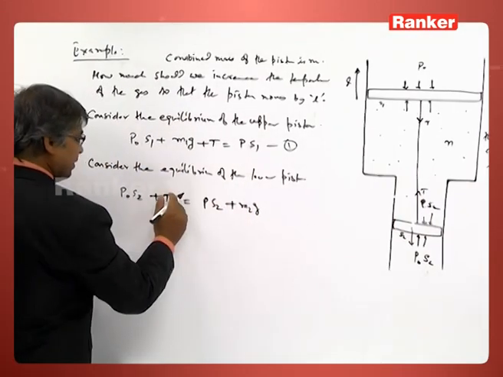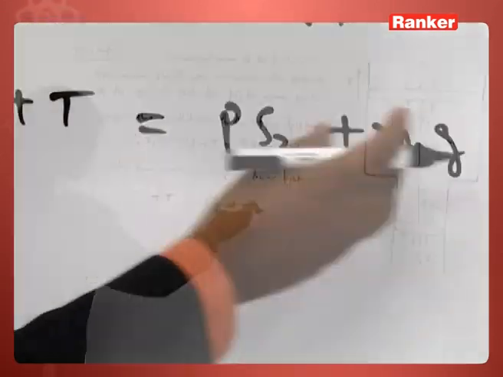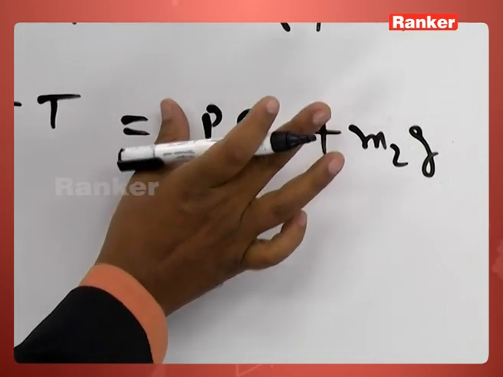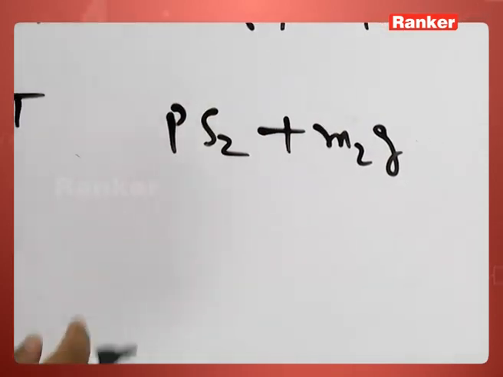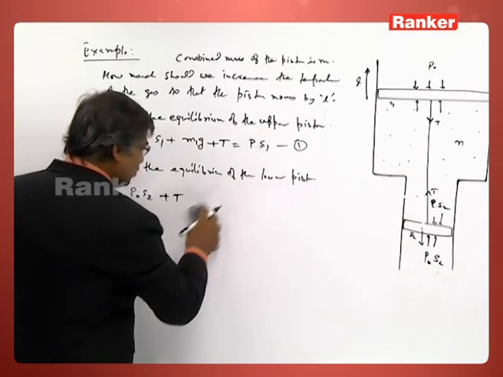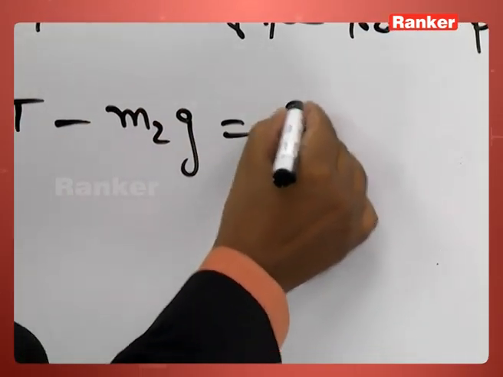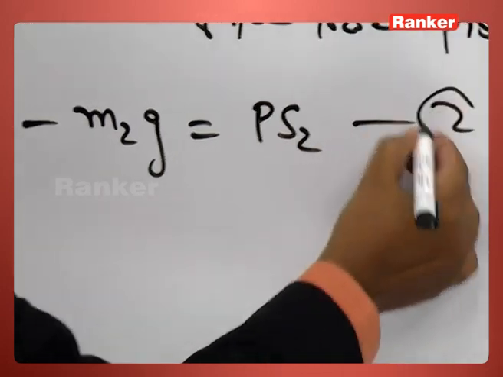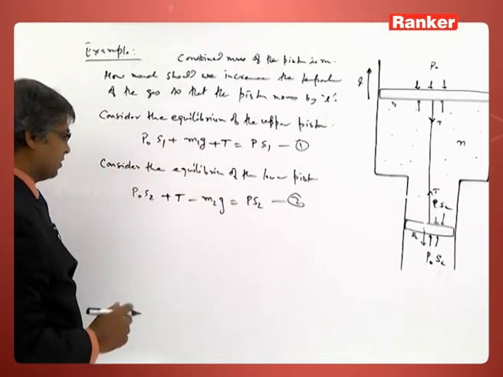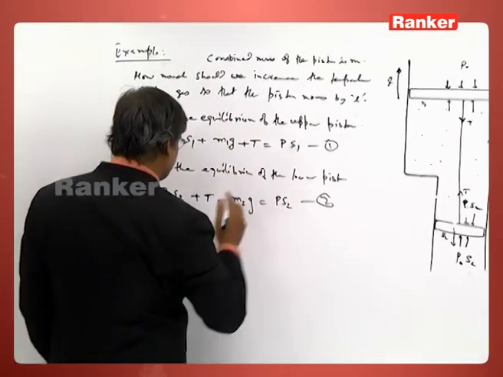So we can bring this M2G to this side, then T minus M2G is equal to PS2 minus P naught S2. So now we have two equations.